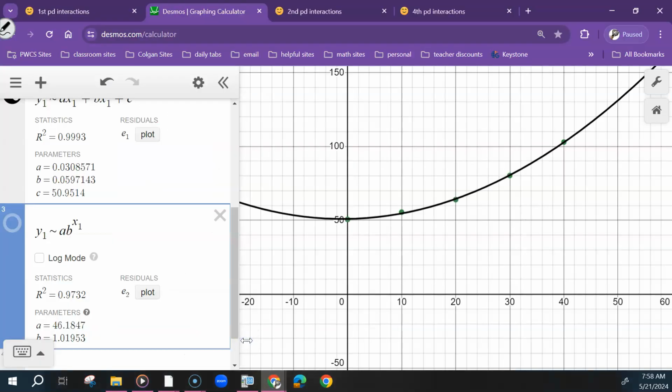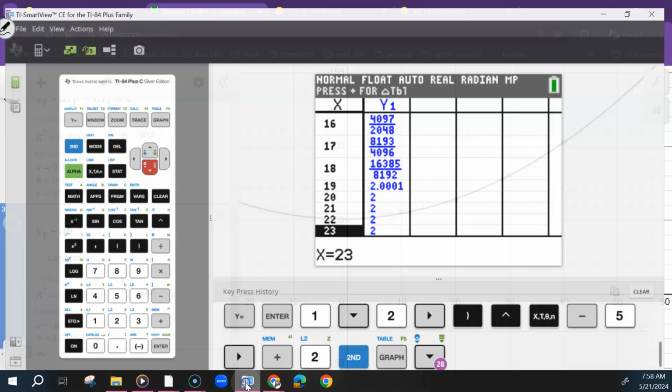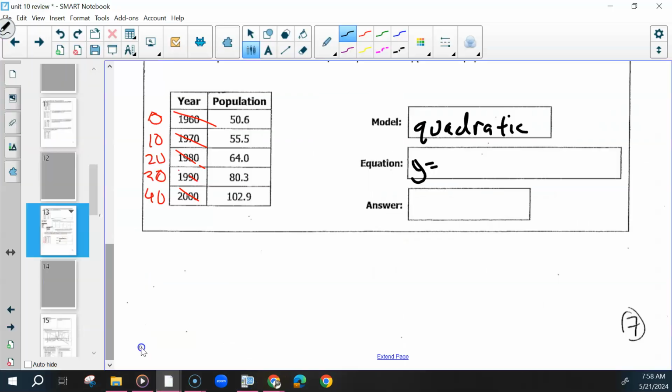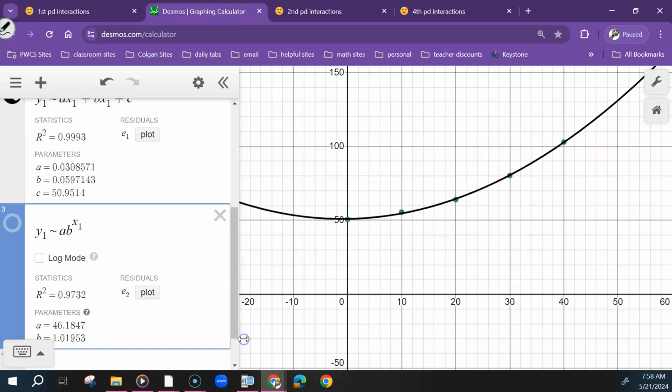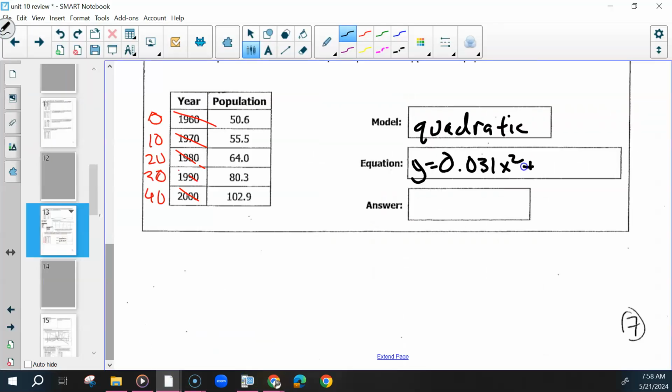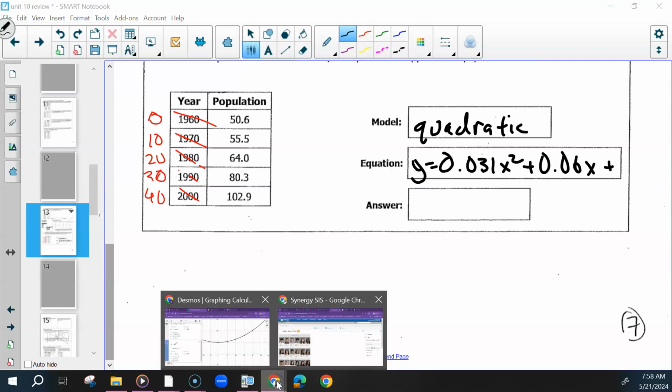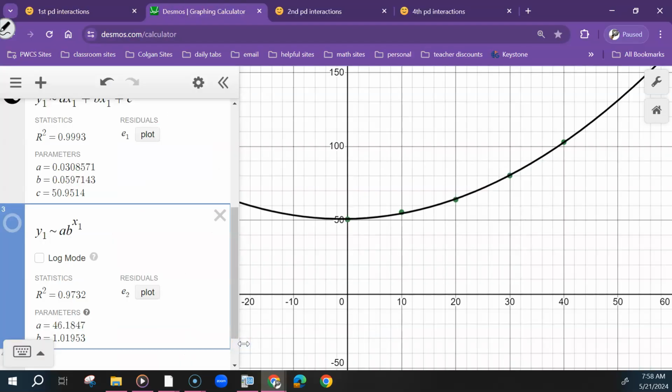So 0.031 x squared plus 0.06 is the round, x plus 50.951.